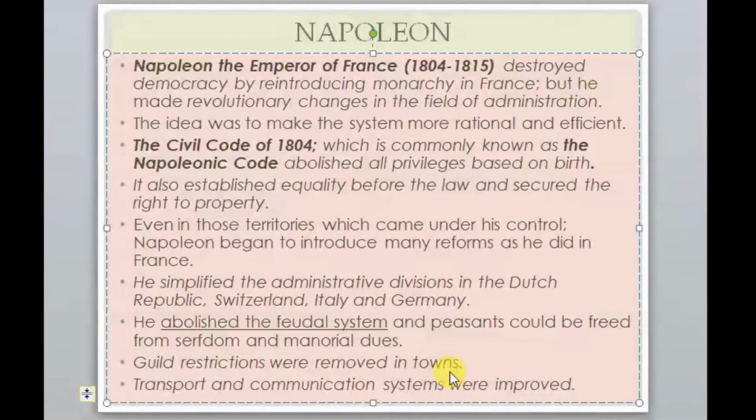In town areas, there were associations of craftsmen or merchants. These associations were known as guilds. So Napoleon removed restrictions from these guilds. Transport and communication systems were improved.